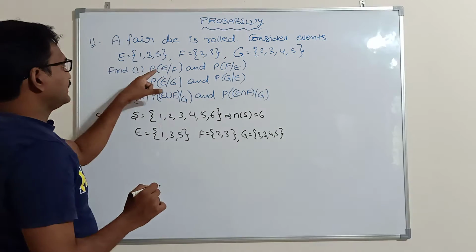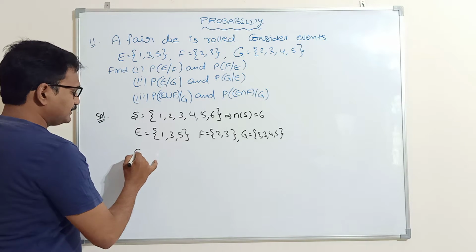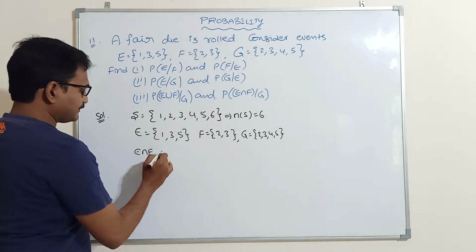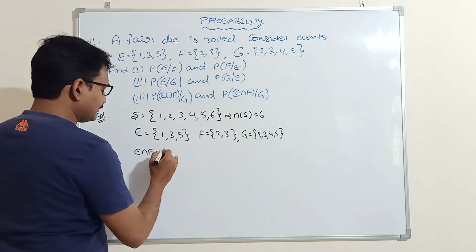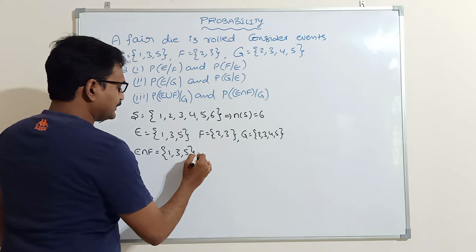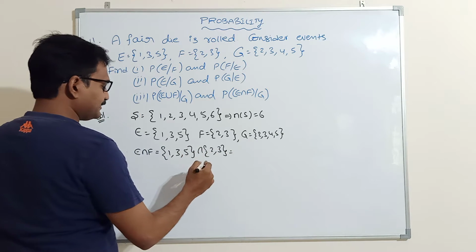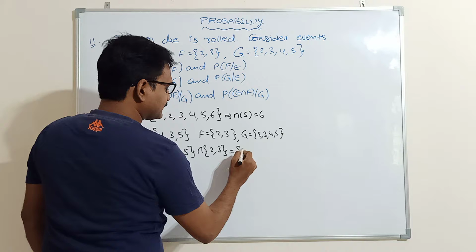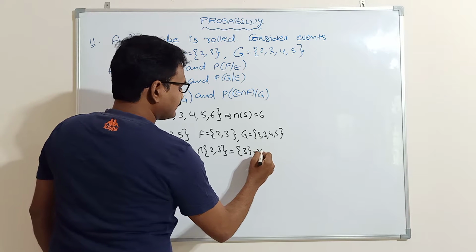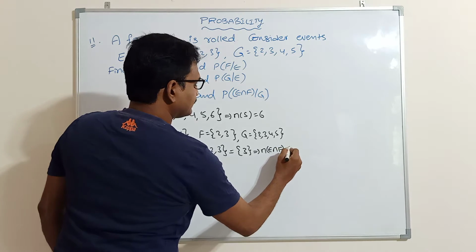Now the first one, find P of E given F. E given F means P of E intersection F by P of F. So E intersection F: E is {1, 3, 5}, F is {2, 3}. What are the common elements between these two sets? 3 is the common element. So the number of elements in E intersection F is 1.